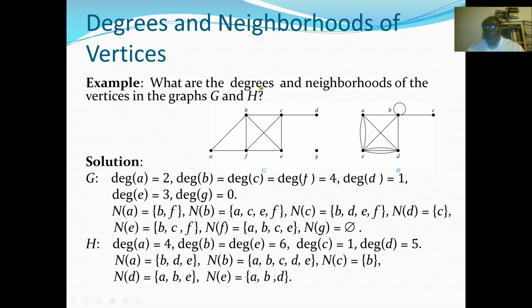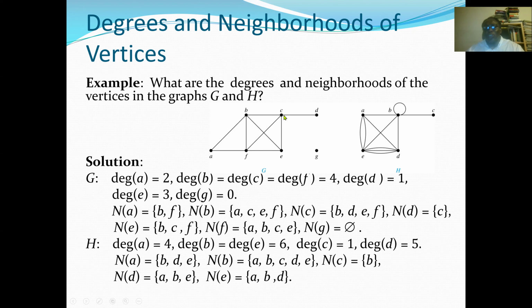The degree of a vertex in an undirected graph is the number of edges connected to it. And also the neighborhood is the set of vertices adjacent to it, the same vertices that are connected together, and the number of neighbors they have.